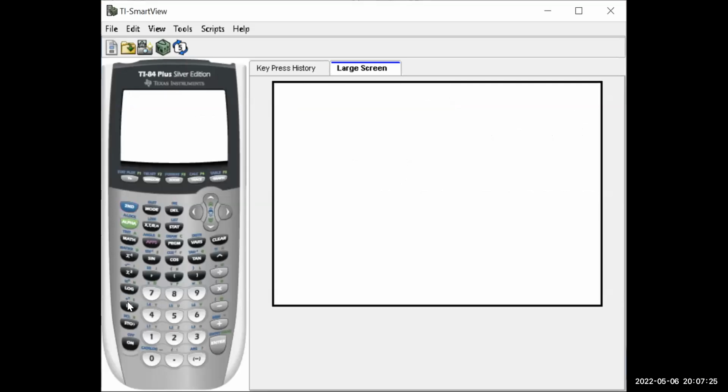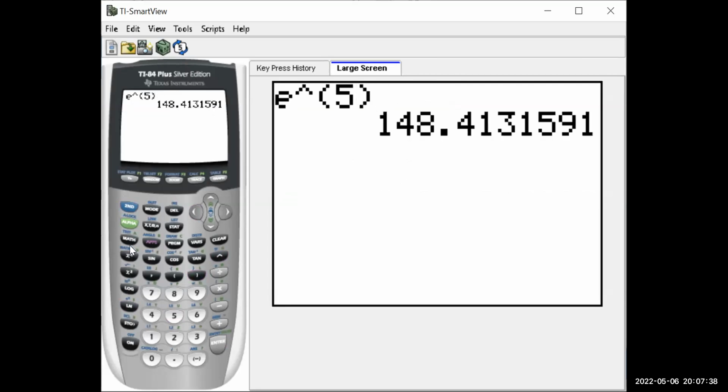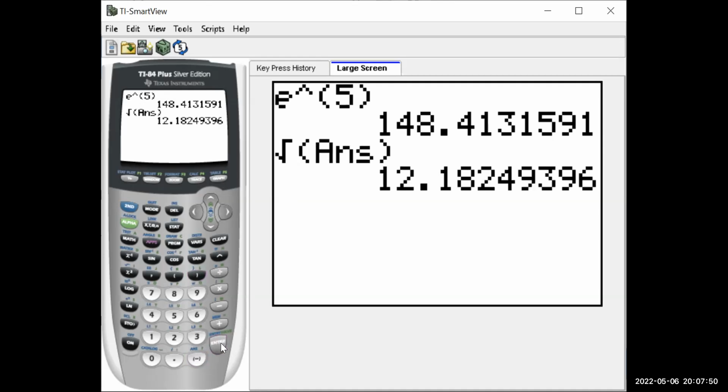So that would be 4 minus the square root of e to the 5th. So e to the 5th, and then I want the square root of that. The square root of e to the 5th is 12.182.